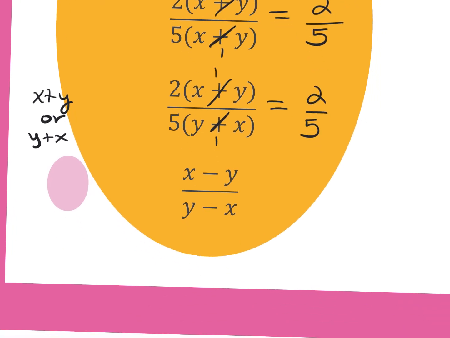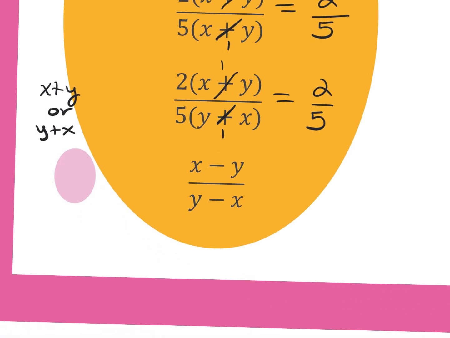Now, the bottom one, however, if you look at it, it is not identical. Notice the signs are opposite. However, what I can do to simplify this is factor out a GCF of -1.